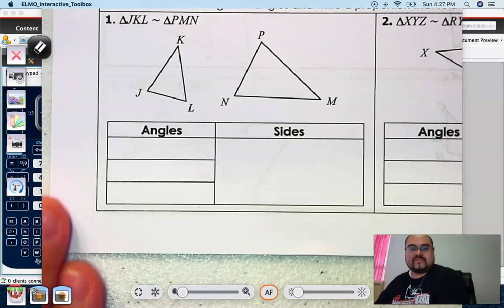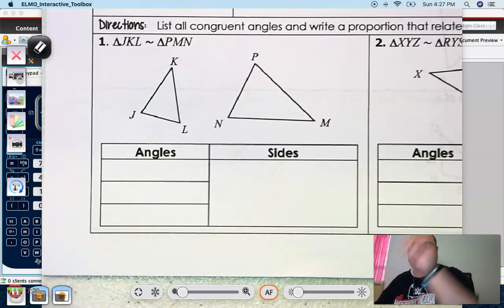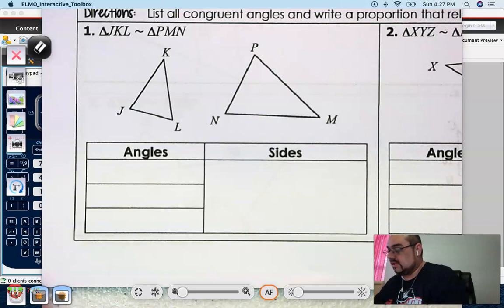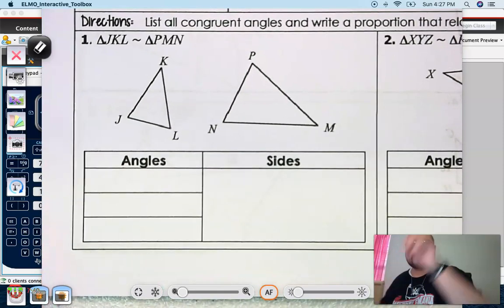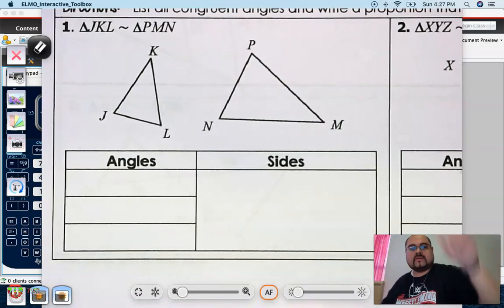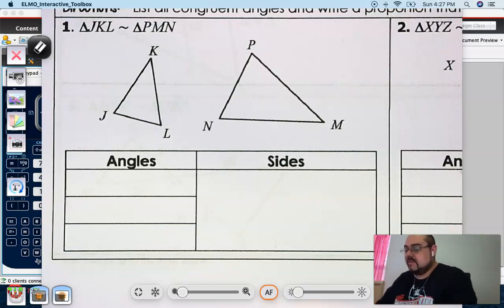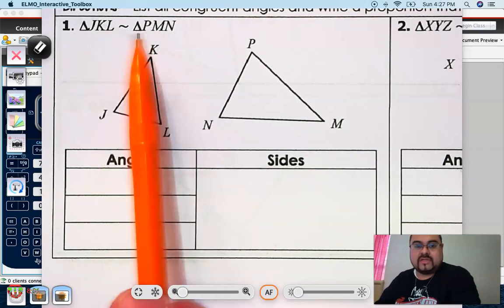Okay, in this first example, it wants you to list all the congruent angles and write a proportion that relates to the corresponding sides. Okay, so we're just simply going to list. All right, so what I'm going to use is this statement that I have up here. Remember, this statement is very powerful. It holds a lot of power.